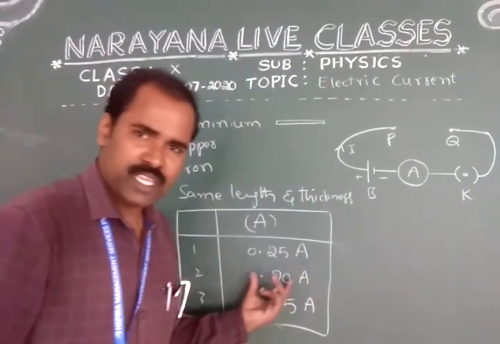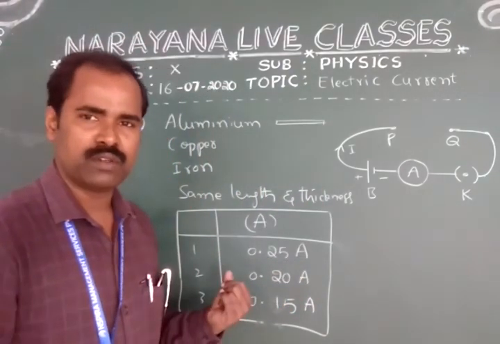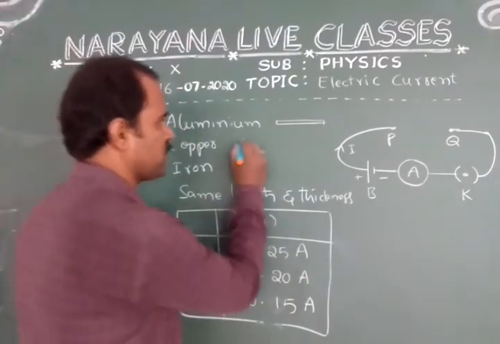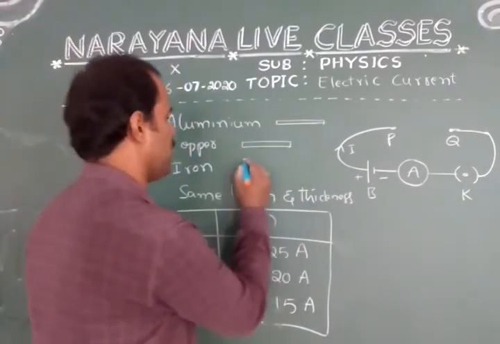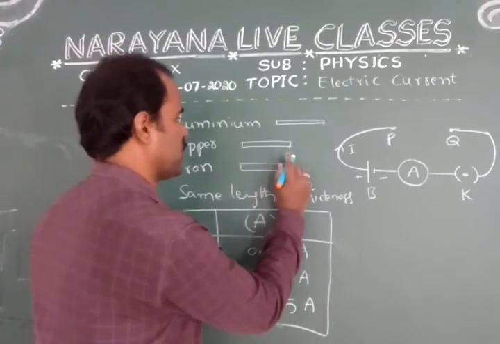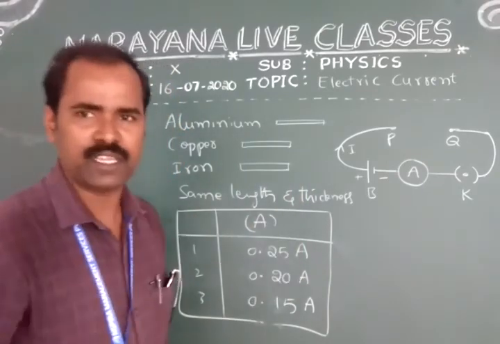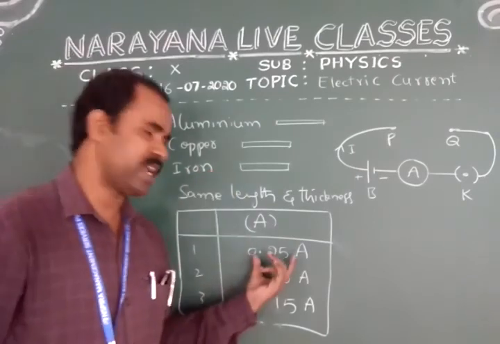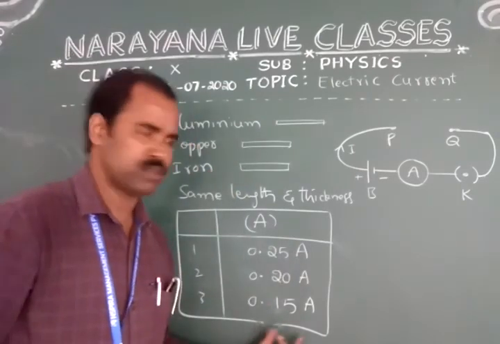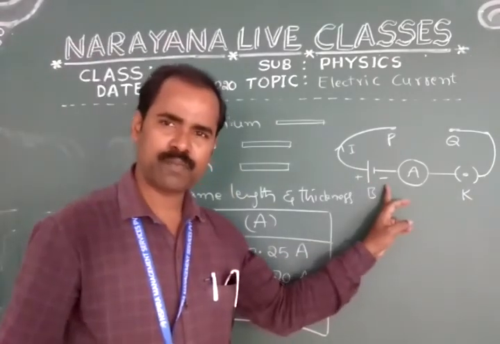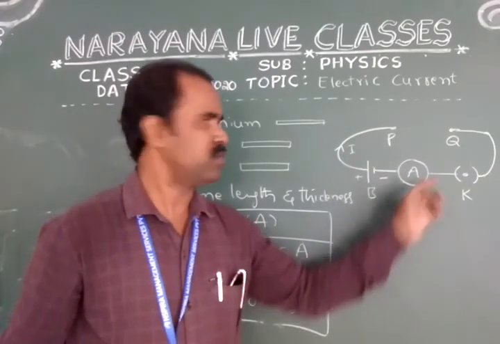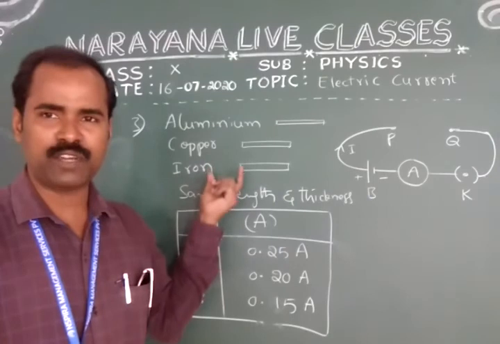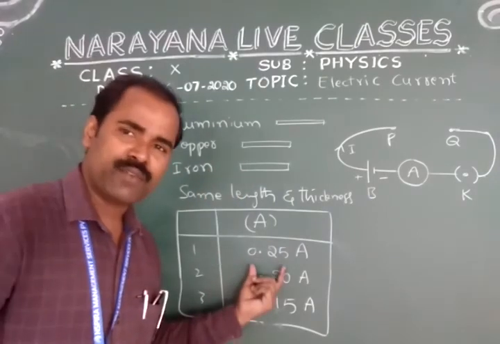By observing these values, we are taking the same length of conductor. All the three conductors are of the same length and same thickness, but made up of different materials. But we are getting varying values. We are using the same battery and the connections are also the same. In that gap only we are using different types of materials, and we are getting different values.